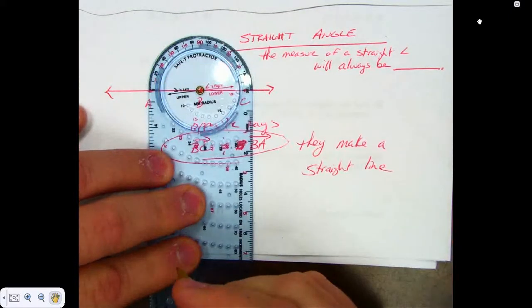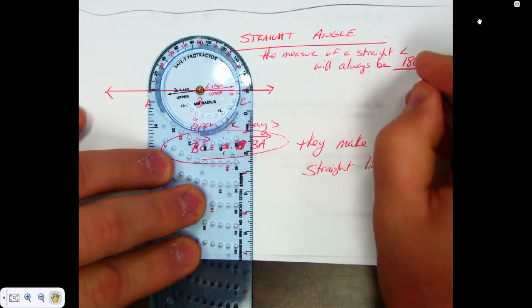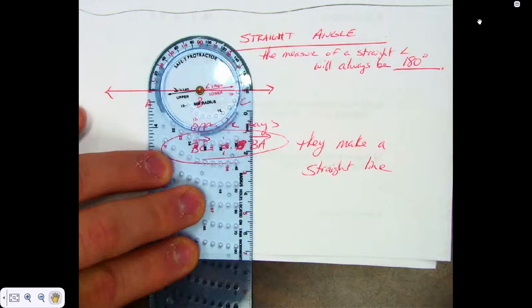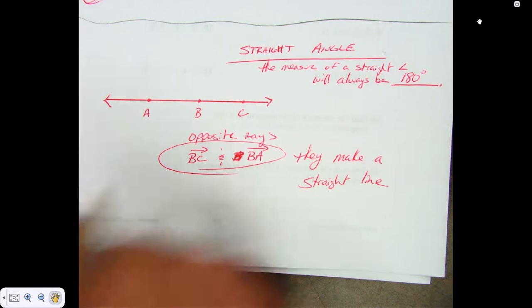It's 180 degrees, isn't it? Right, Damon? So anytime, can you look at a picture and tell whether something is a straight angle? This is one of the few things in geometry you can look at and say, that's 180.